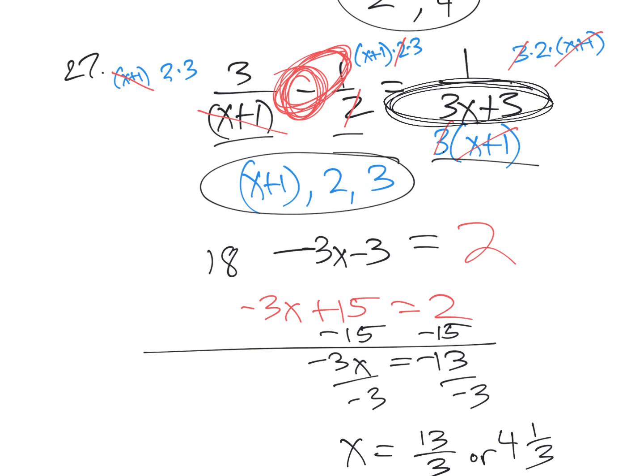And that was 3 times x plus 1. But we already had an x plus 1 listed, so we don't need to list it twice. So that's where that 3 came by itself. Okay? All right.